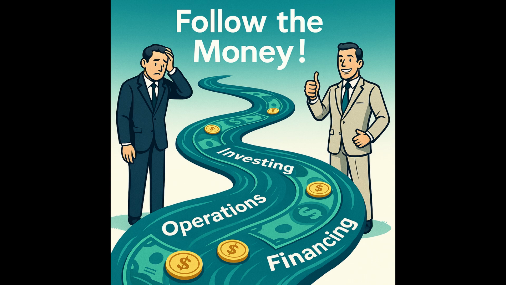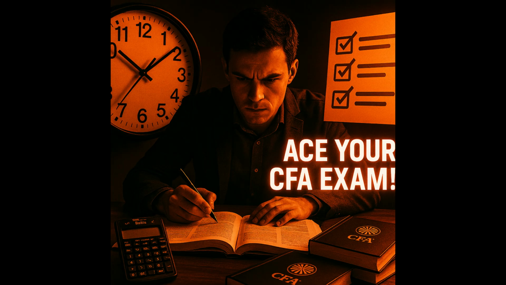Mastering these is non-negotiable. The balance sheet shows assets, liabilities, and equity at a point in time. The income statement summarizes revenues and expenses over a period. The cash flow statement tracks cash inflows and outflows. Regulators like the SEC and IOSCO set standards and enforce compliance.